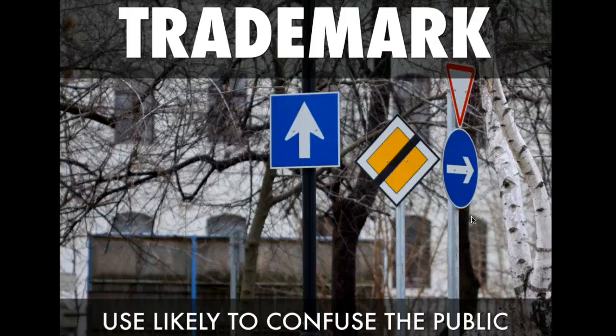One has an arrow pointing up, another has an arrow pointing to the side, and then there's a triangle with a cross. And then there's what looks like a yield sign, although it doesn't have any words on it. I'm trying to give you a visual picture of what confusion is. If your use of a trademark is likely to confuse the public, then that can be an infringement.